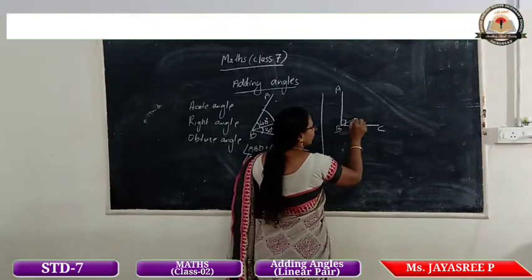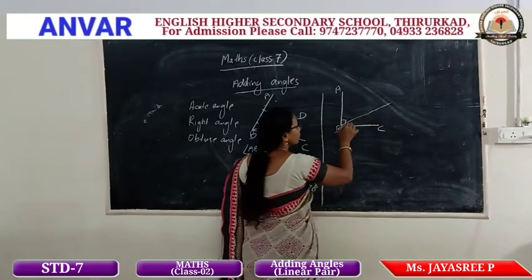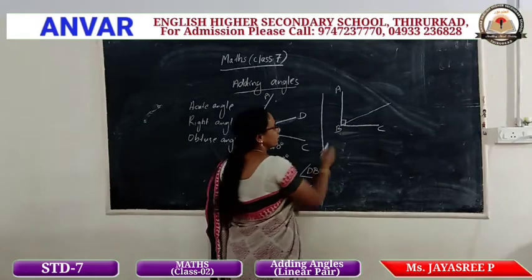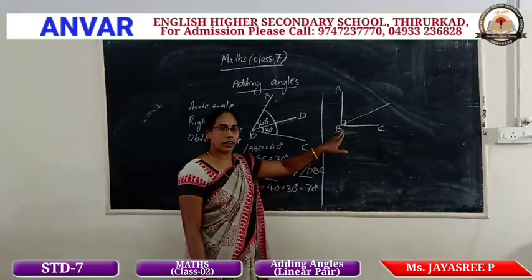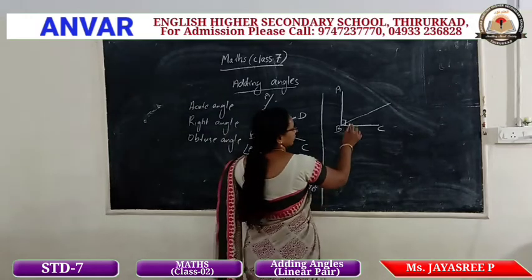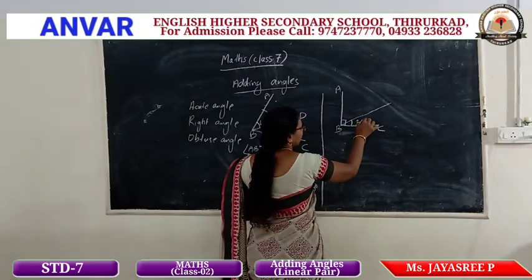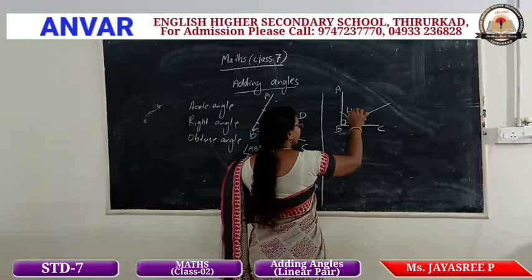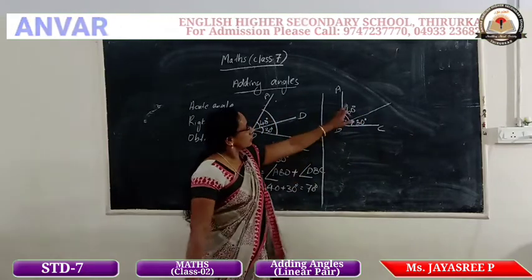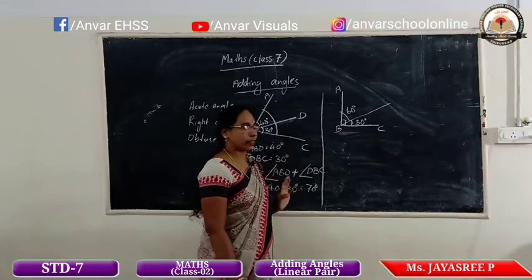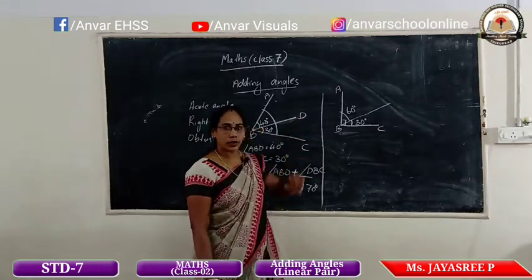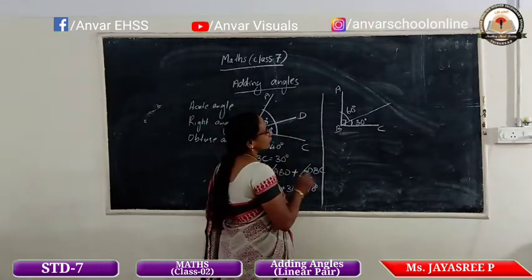Now, if we are drawing another angle through this vertex B, the sum of these two angles is 90 degrees. Now, let us consider this angle is 30 degrees, so this angle is 60 degree. The sum of these two angles will be 90 degree. A 90 degree angle is known as right angle.